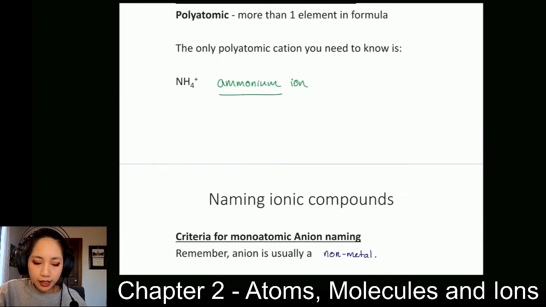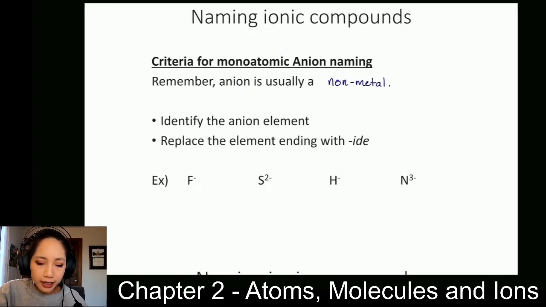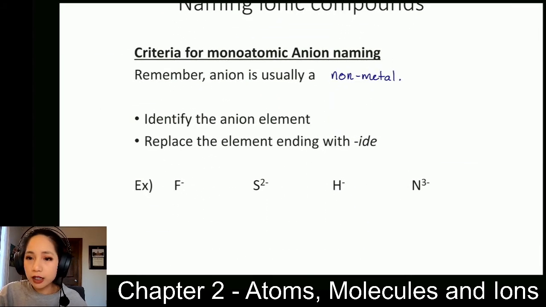All right, let's look at anion naming now. It's a little bit different. Cation naming was just simply the element name and then maybe the Roman numeral if it was a transition metal. For anion naming, let's remember that anions are typically nonmetals, because nonmetals gain electrons to form negatively charged anions.